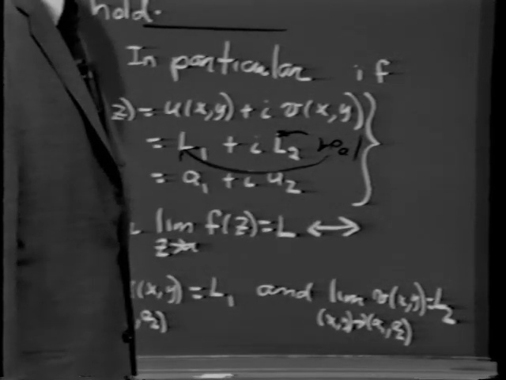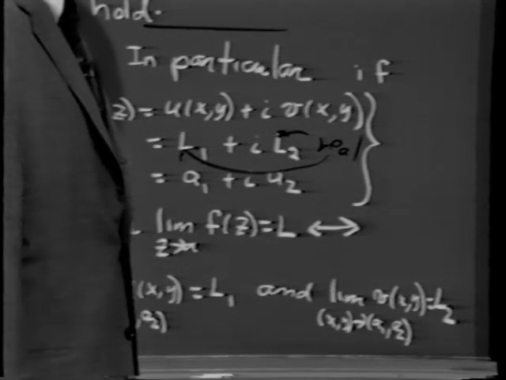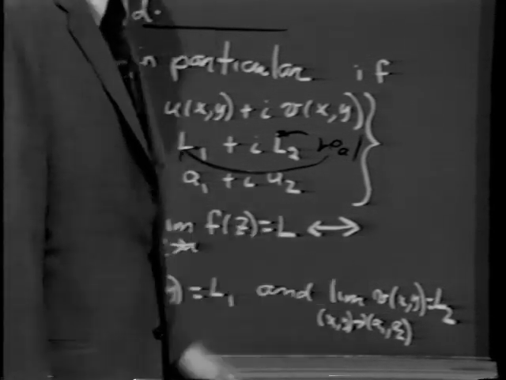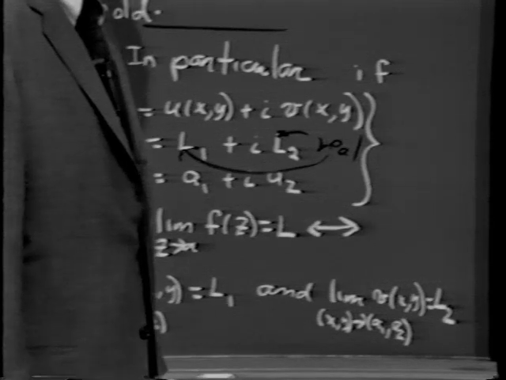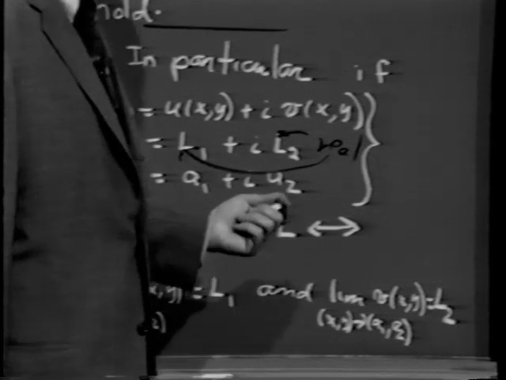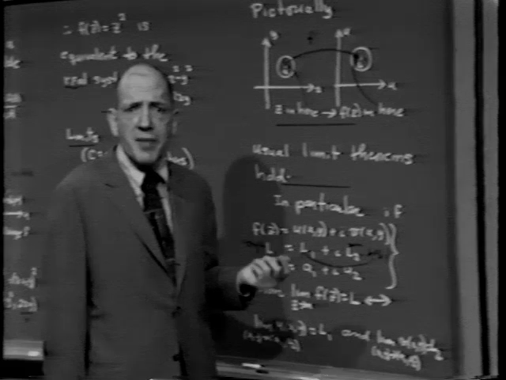And again, what this means is that we can often view systems of limit problems as being the limit of a complex variable function. Okay? Again, that's all we're saying from that point of view.